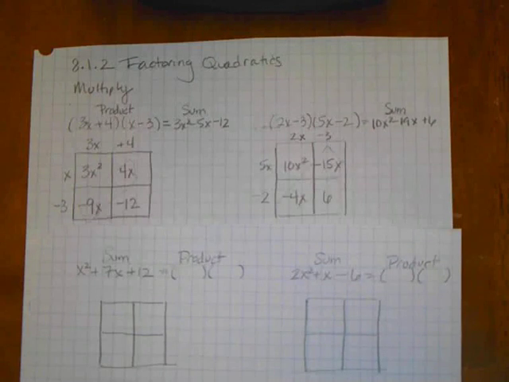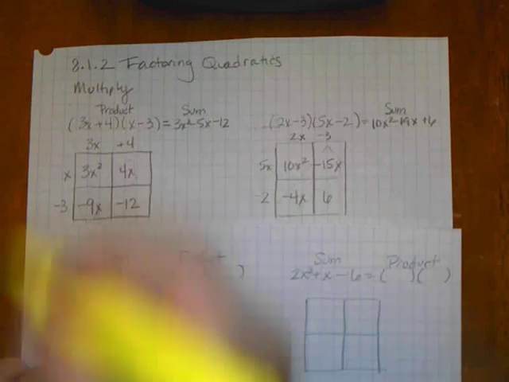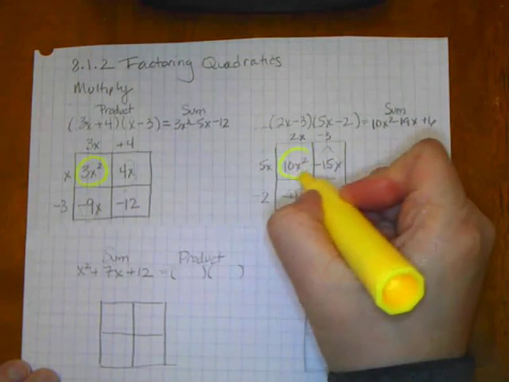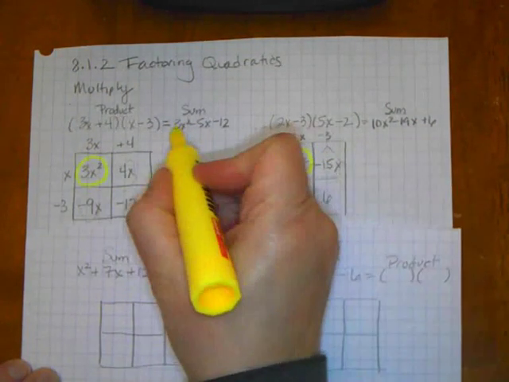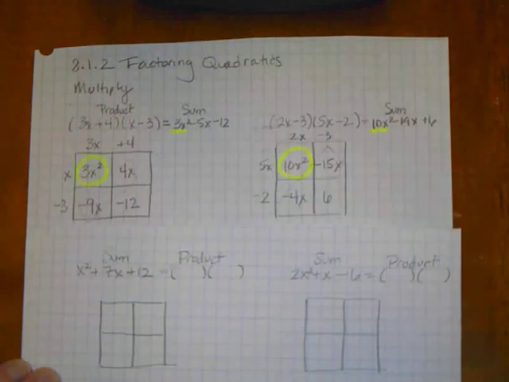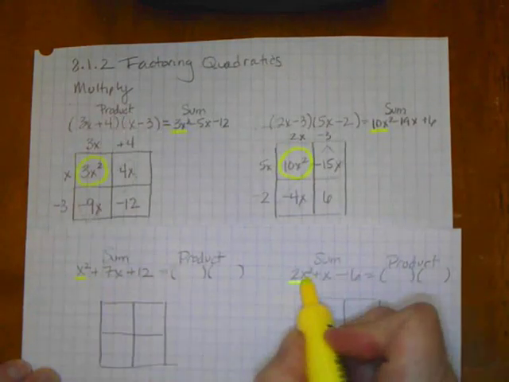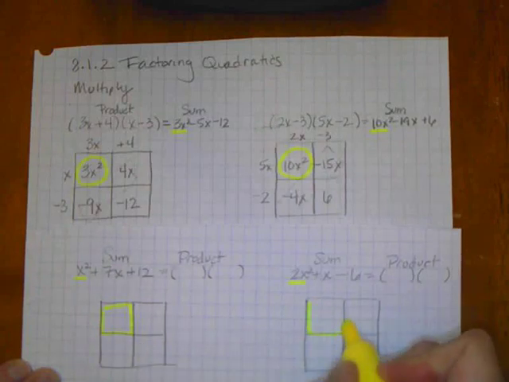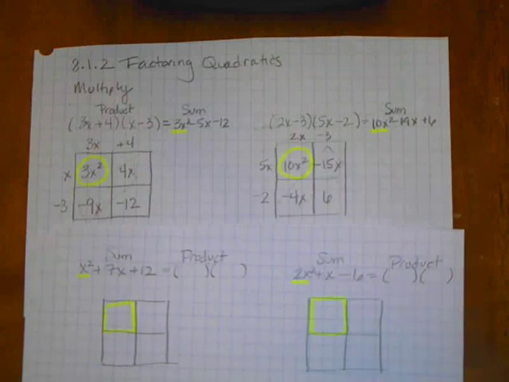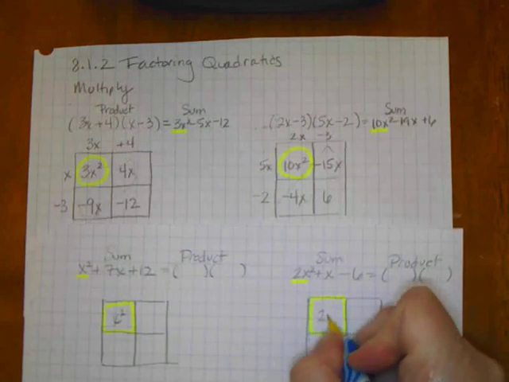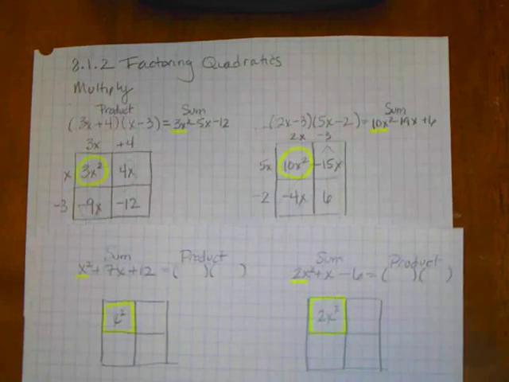Okay, so some things you might have noticed. Those x squareds are going in that top left. So these x squareds are going to go in this top left box. So I know I'm going to have an x squared in this box. And this one I would have to have a 2x squared.